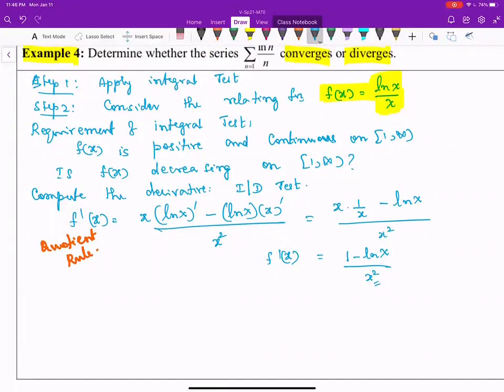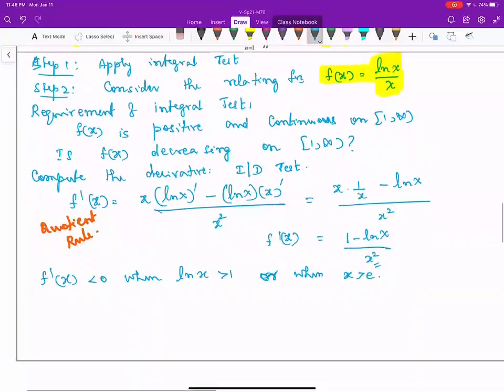So the numerator will be less than 0 whenever ln of x exceeds 1. So f prime x is less than 0 when ln of x is more than 1 or when x is more than e.